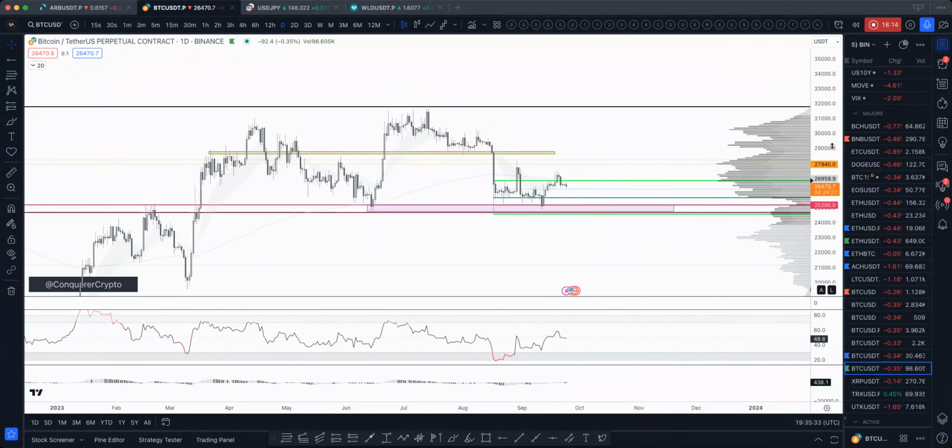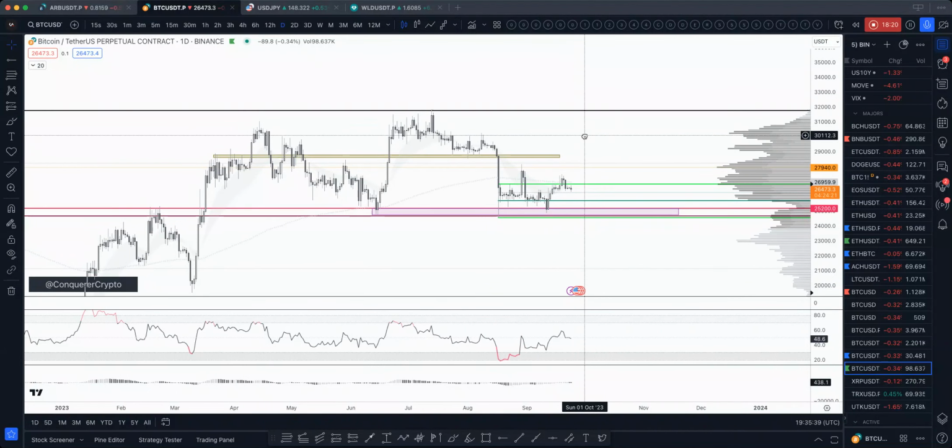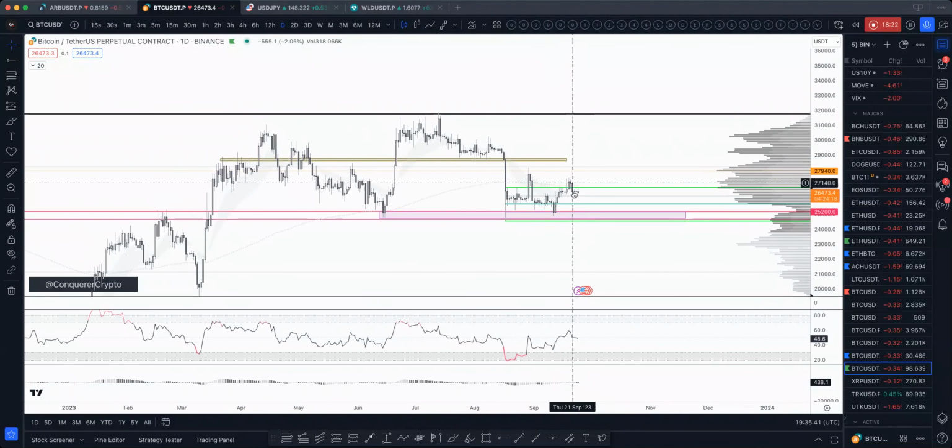That's why in these kinds of environments, I don't like to be overexposed to markets, because for me this is an indecision point, but leaning more bearish. That's what I see. So I cannot really hardcore short this one, but I don't want to long it either.